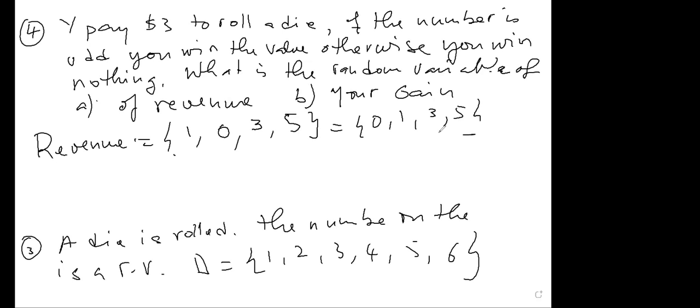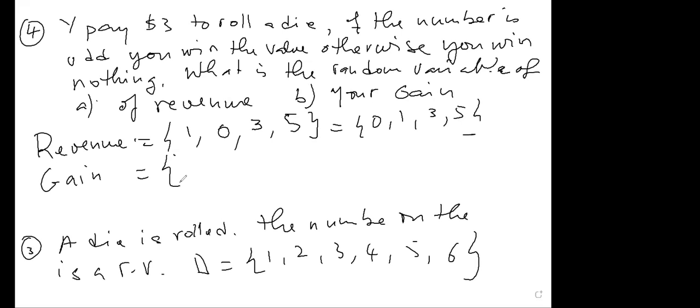So now gain. Gain is like profit. What you get minus what you spend makes your profit, right? So what will be the profit here? If you win $1, what is your profit? Say it loud. -2 is your profit. You lose, right?